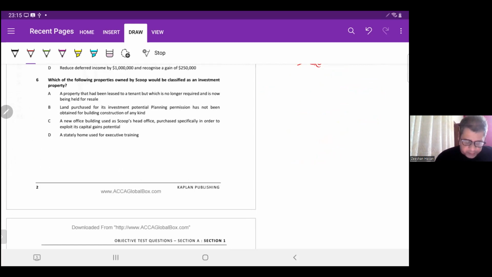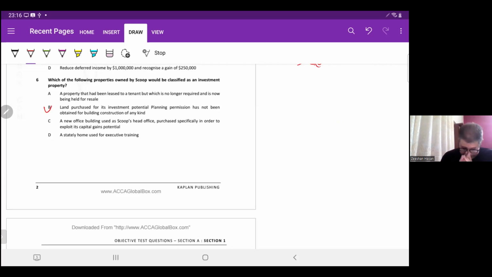Land purchased for its investment potential, where planning permission has not been obtained for building construction of any kind. So B is the answer for this one. Yes, because the asset would be classified as a non-current asset held for sale under IFRS 5. Assets C and D would be classified as property, plant, and equipment.